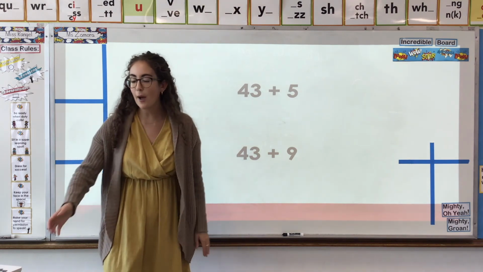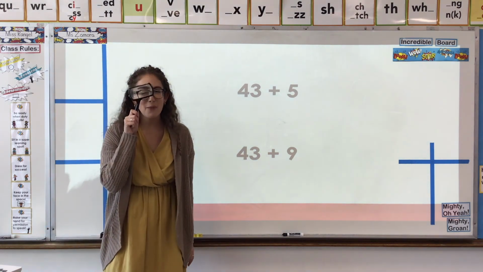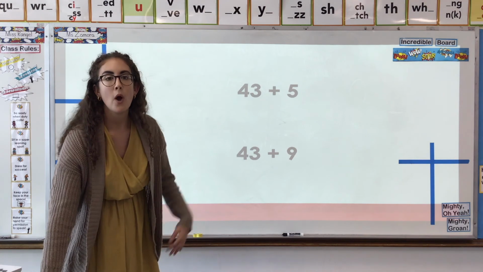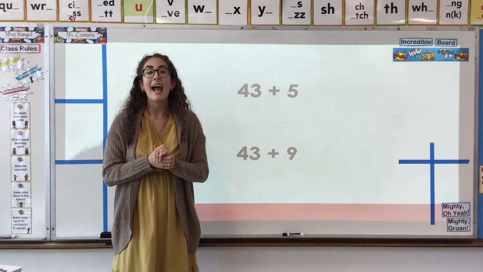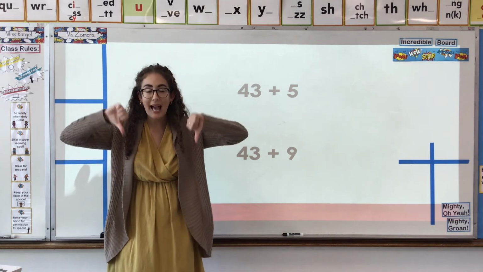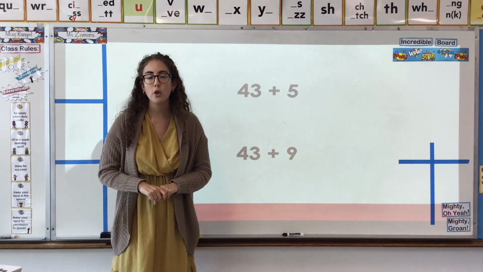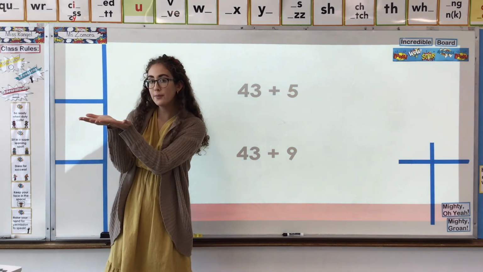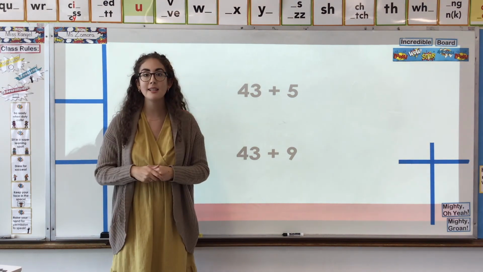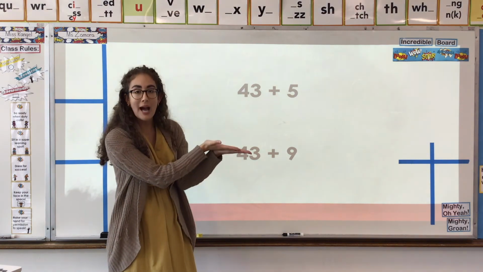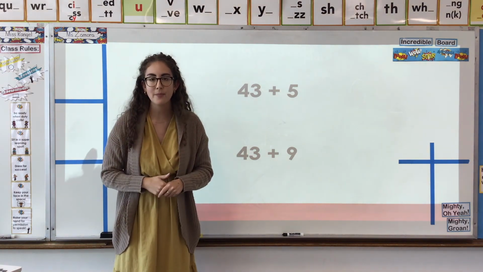It is going to be up to you to look at the ones place and determine which strategy you're going to use. Remember, if the ones place is less than 10, you will use place value. If the ones place is more than 10, you will use a 10 plus fact.